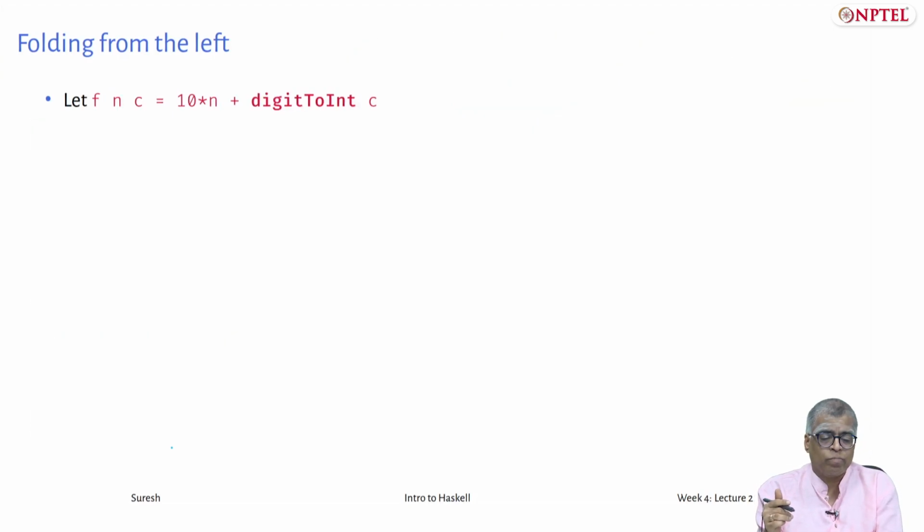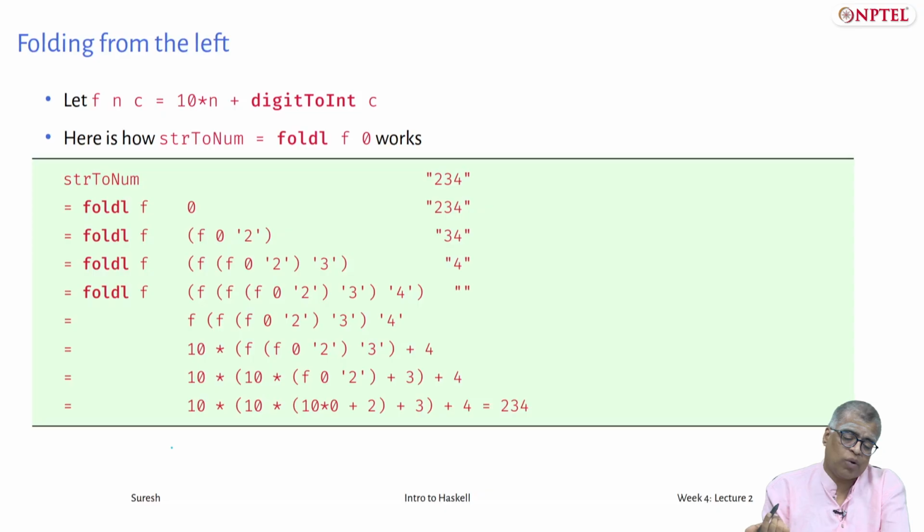Just to illustrate how it works, suppose f n c is 10 times n plus digit to int of c. Then string to num is nothing but foldl f 0, and string to num 234, let us say, is foldl f 0 234.